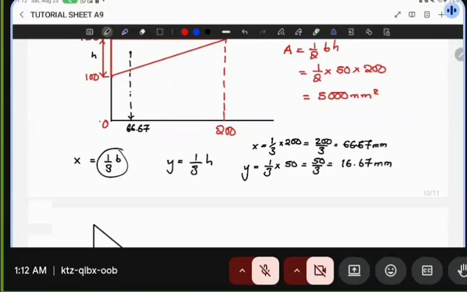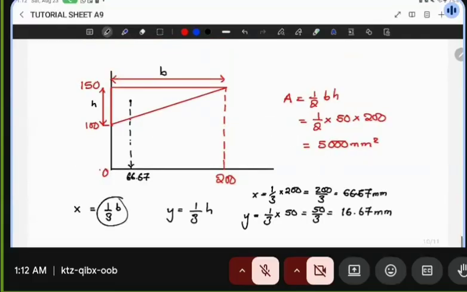This 16.67 has to be measured from the horizontal axis going downwards. Remember, x was measured from the vertical going to the right, basically a horizontal line. Y will be measured vertically, so this time it will have to go down. Do you see that? Yes.